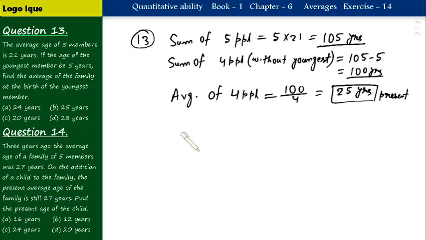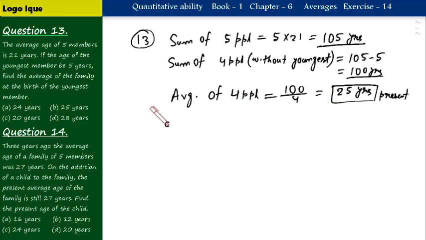But the question is asking, what is the average age of the family at the birth of the youngest member? Now, at the birth of the youngest member, we had only 4 people, right? And that was 5 years ago, since the youngest member is 5 years old right now. We have calculated the average of the remaining 4 people as 25 years right now.